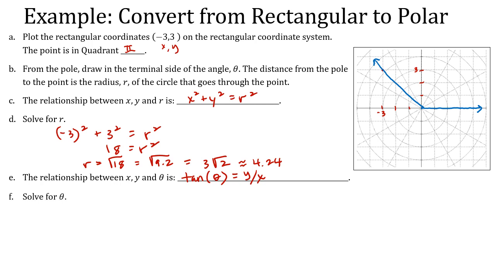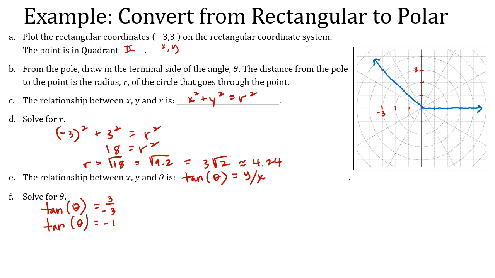And we want to make sure that we consider the quadrant of the original coordinates in order to make sure that theta is correct. Let me show you what I'm talking about here. So if I'm going to solve for theta, I'm going to say that the tangent of theta is equal to my y value, which is 3, over my x value of -3. So I'm going to have that the tangent of theta is equal to -1.